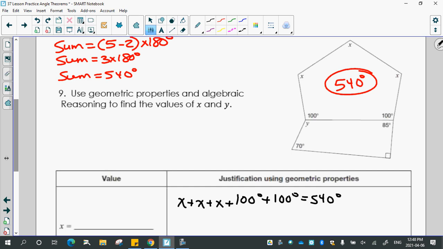All 5 angles add up to 540 degrees. Then we can collect these ones and get 3x and collect these ones as well, plus 200 degrees equals 540 degrees.